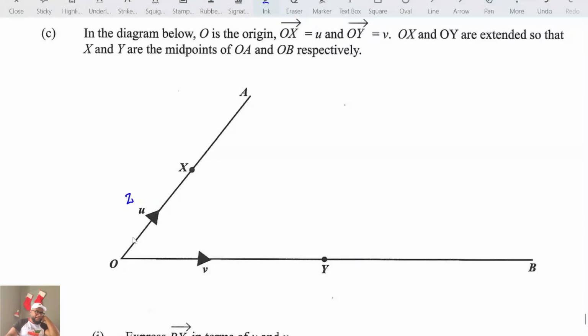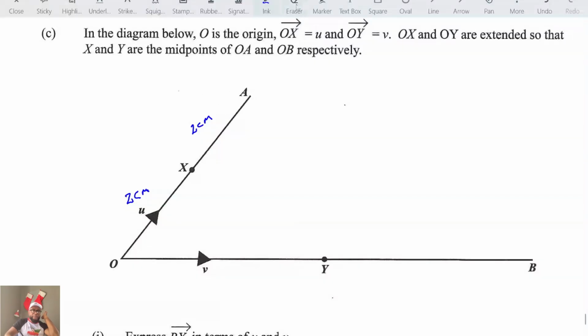Say here's 2, and from here to here is the midpoint between O and A. If from O to X is 2, and X is the midpoint between O and A, midpoint means halfway. Let me say he has 2 centimeters, what will this side be? 2 centimeters. Same 2 centimeters.